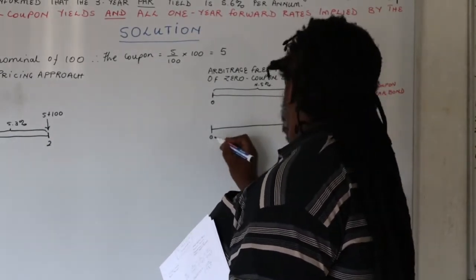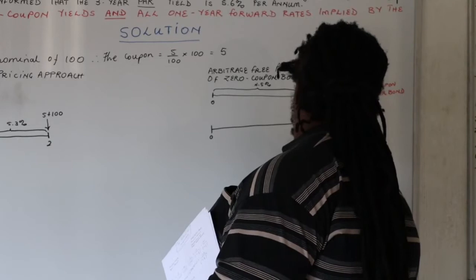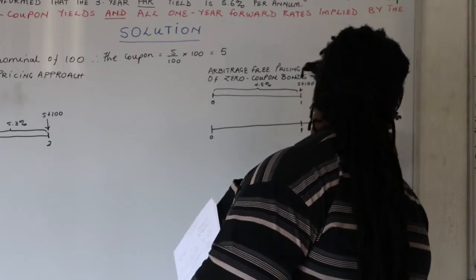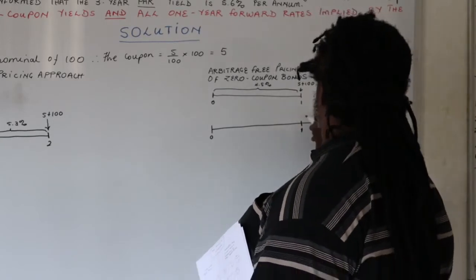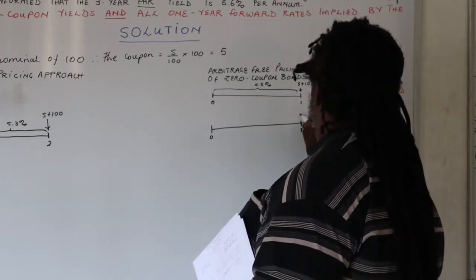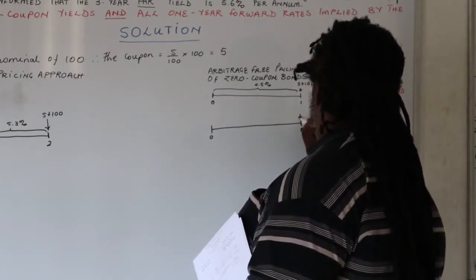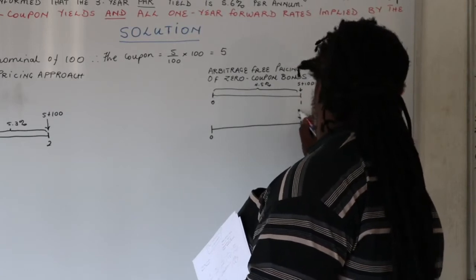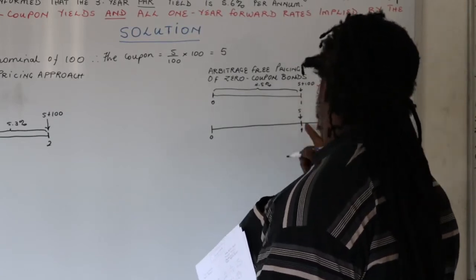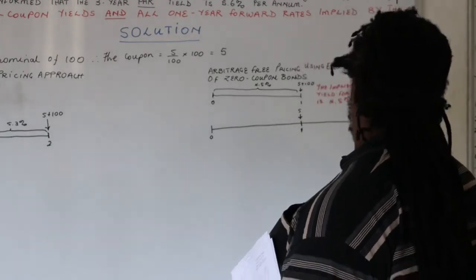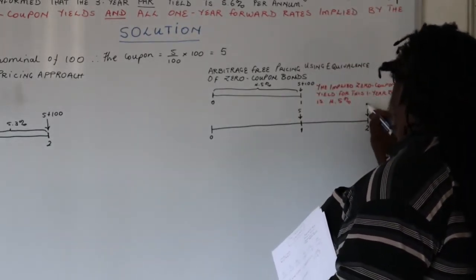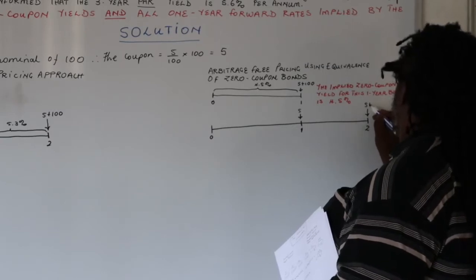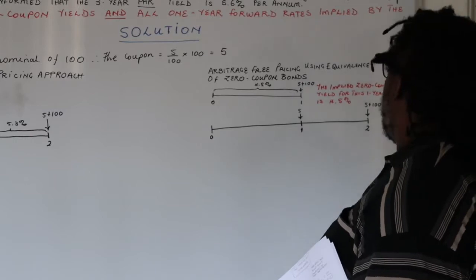This is your 0, this is your 1, and this is your 2. So at this point, your coupon of 5 is paid, and at this point where the bond matures, you get your coupon of 5 plus your par value, which is 100.